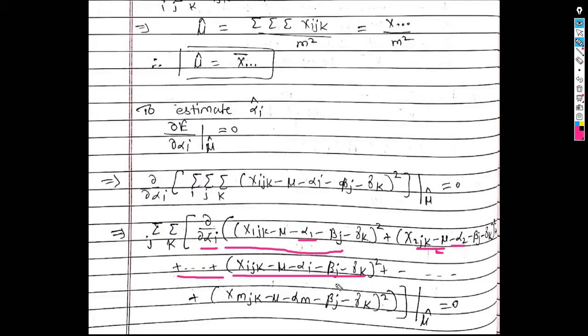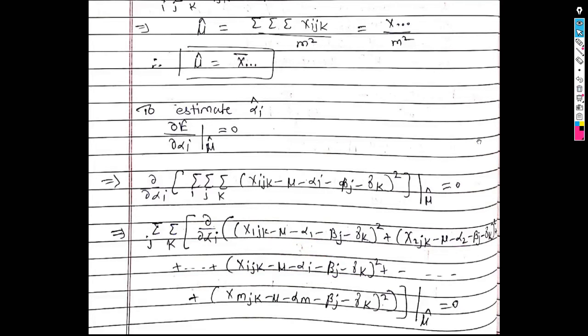So what do we get? 2 times (xijk minus mu minus alpha i minus beta j minus gamma k) into, again taking the derivative of this term only, minus 1, plus and so on. The last term has alpha m, so after differentiating with respect to alpha i, we get 0, under the value of mu hat, and equate it to 0.